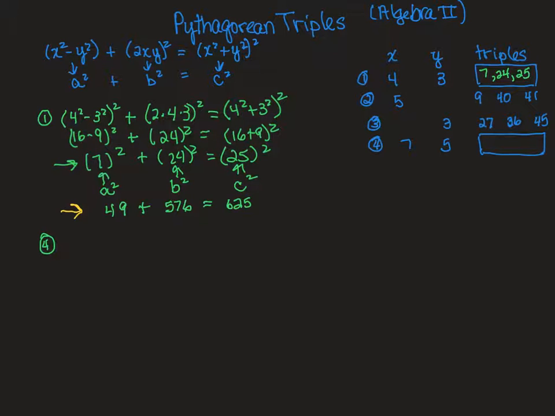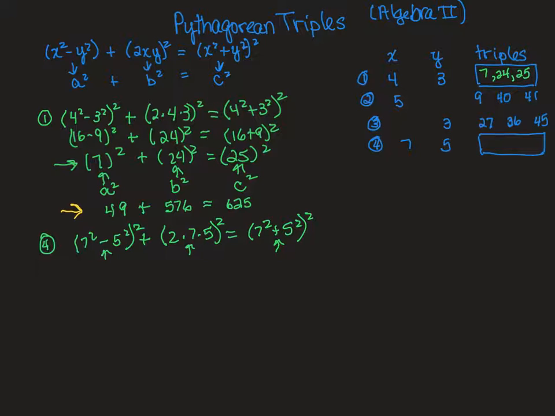So I look at the equation: 7 squared minus 5 squared, squared, plus 2 times X times Y, squared, equals 7 squared plus 5 squared, squared. These squares outside the parentheses only refer to the fact that this is A squared, B squared, C squared. So I'm trying to find A, B, and C.